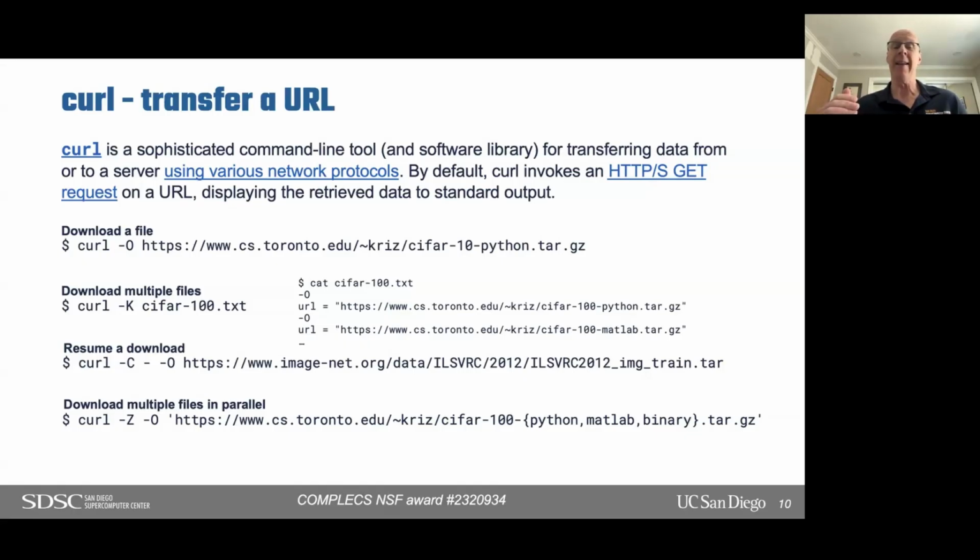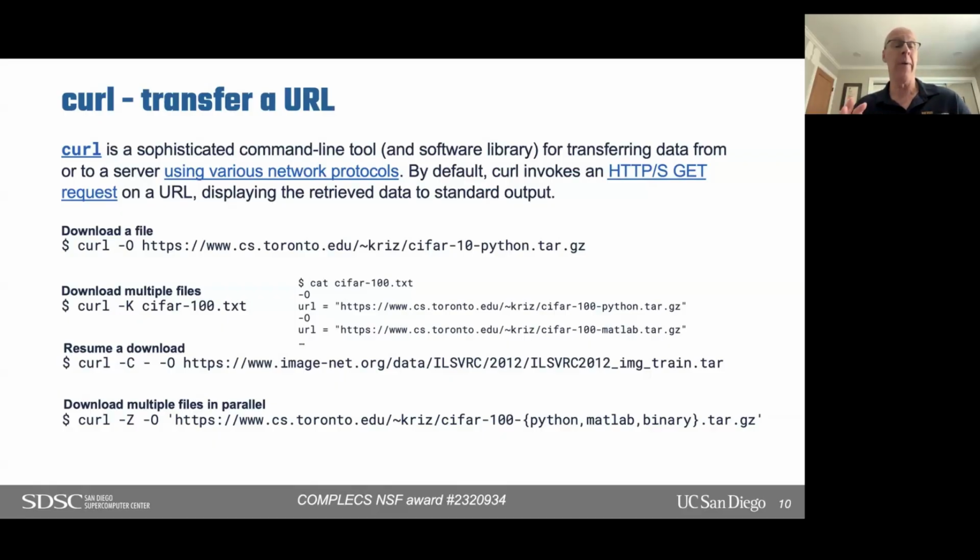Instead of just listing the URLs, I'm going to provide my flags, in this case -O, like we did in the previous example, followed in the next line by url equals, and then in double quotes the name of the file I'm trying to download from the internet. And again, just like wget, this could be an arbitrary number of files. So just be aware that if you are using curl, the syntax of that input file is going to be a little bit different.